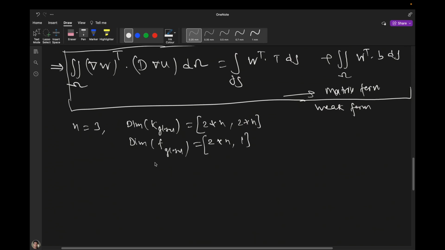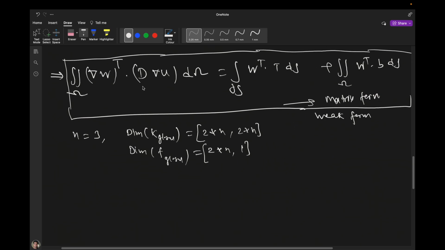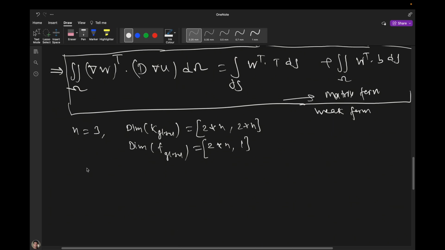Okay, now let's construct the stiffness matrix. But we can see that D is a 4th order tensor, which means how many components will be there? There will be 3 by 3 into 3 by 3, that is 81 components. But because we are assuming an isotropic material, using all symmetries this will be reduced to 2.